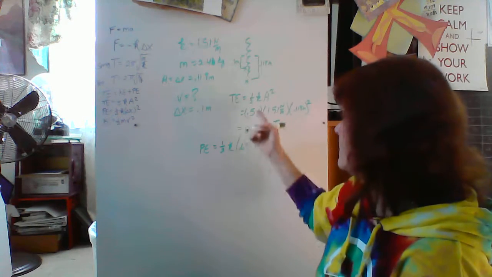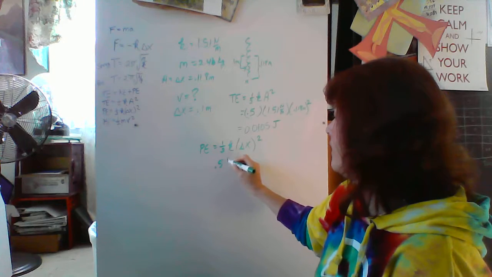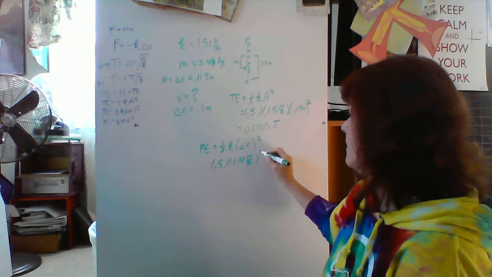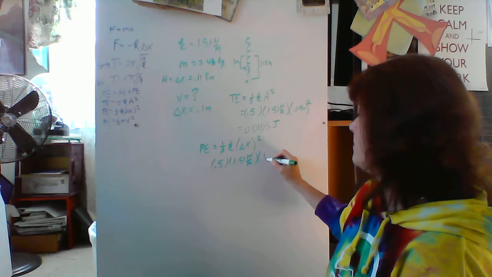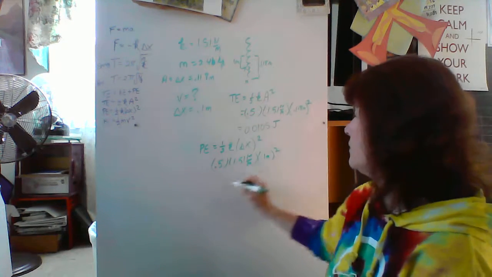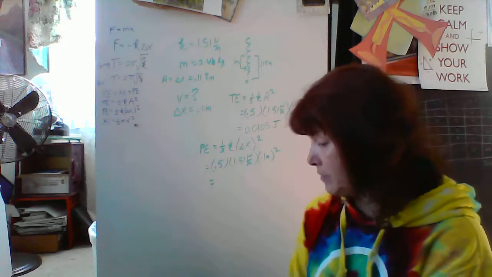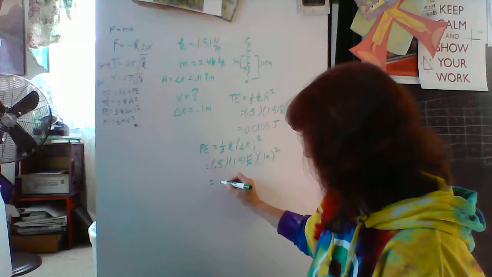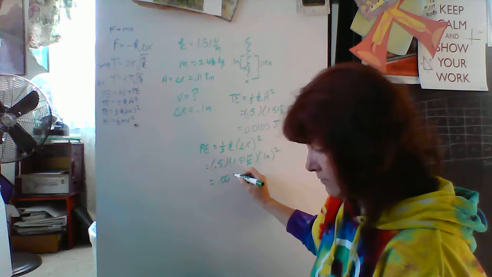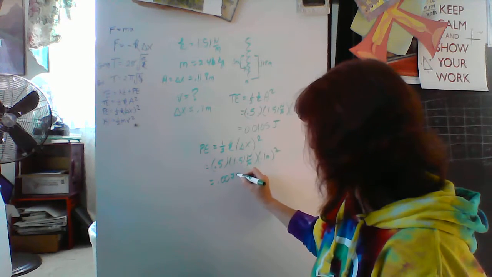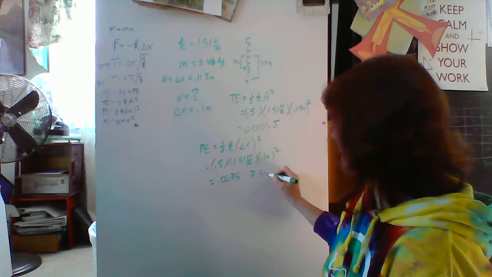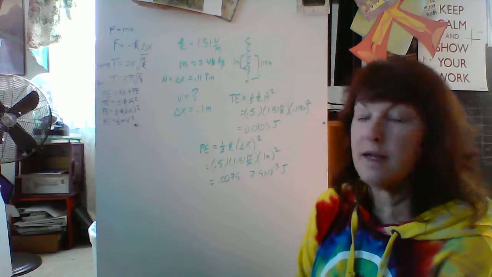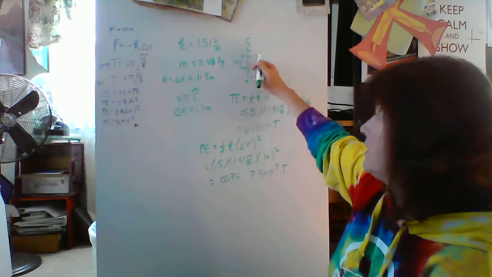We plug in 0.5 times 1.15 spring constant times our displacement of 0.1 meters squared. And so that gives us potential energy at that spot of 0.0075 or 7.5 times 10 to the negative 3 joules. So that is our potential energy at that point.